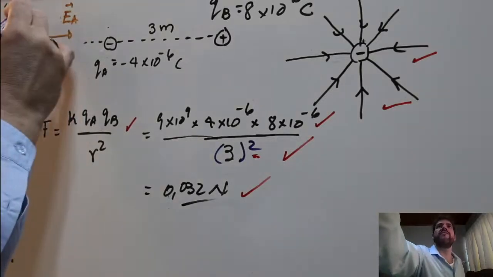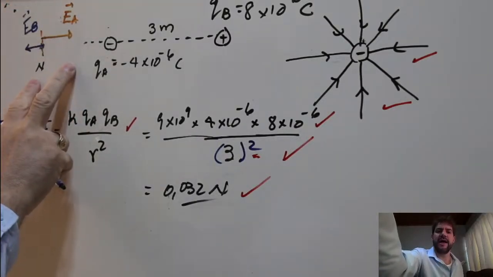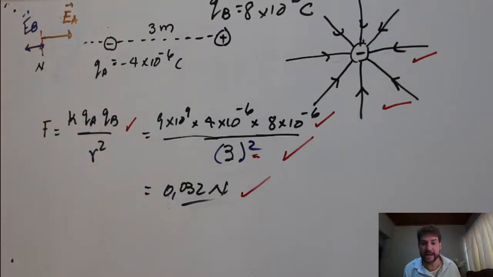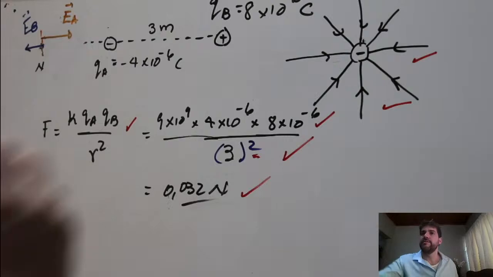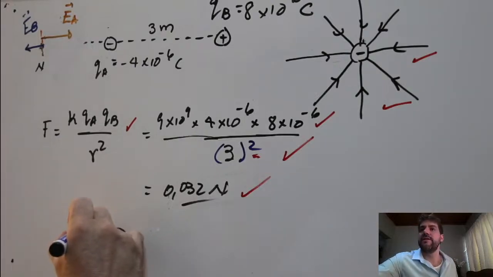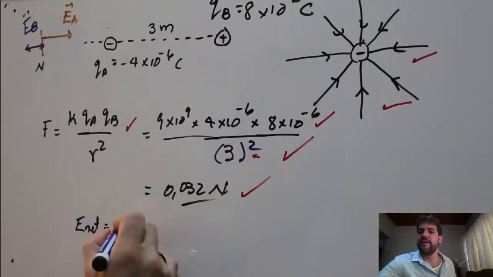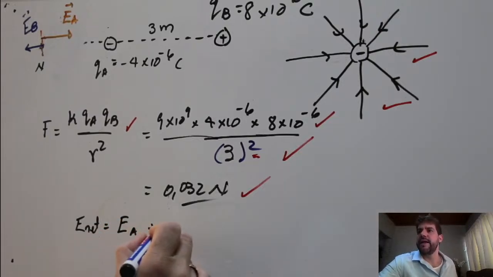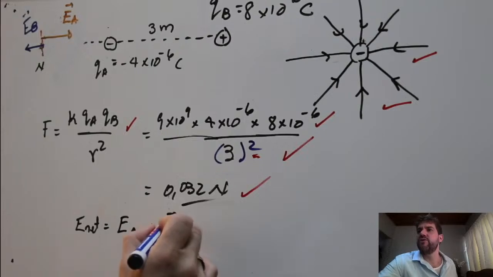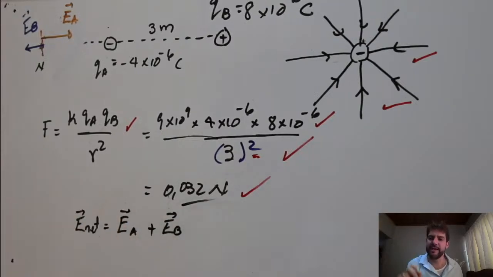All right, so we have now these 2 electric fields pointing in opposite directions. So we are dealing with vectors once more here. Net electric field is equal to electric field A plus electric field B. This one is vector addition. Do you understand?